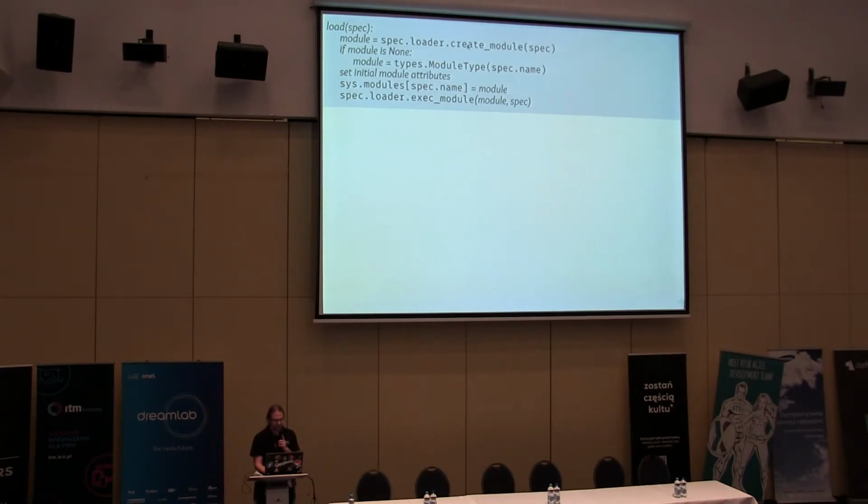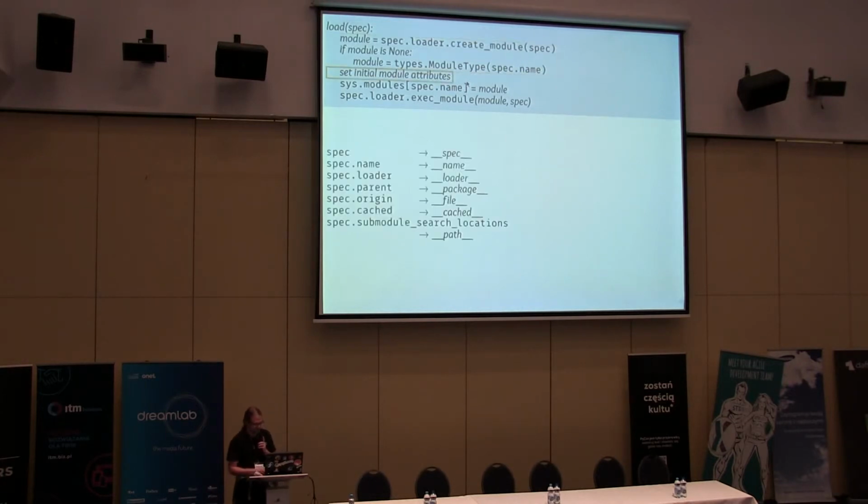So you create an object, then it sets the initial attributes of the module. So it pretty much copies things from the spec. So it assigns the spec to something called __spec__. It assigns the name, assigns the loader, and it assigns all these to module attributes. Probably most of you know that module attributes can be used as variables.